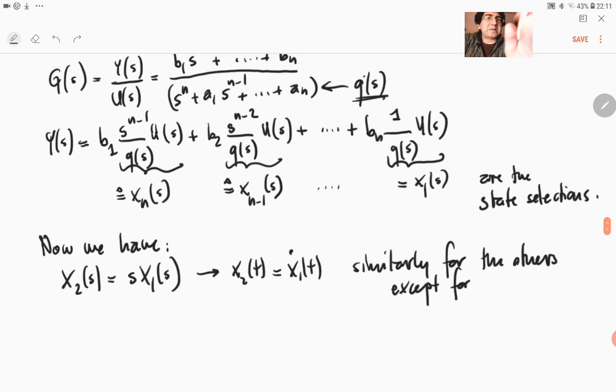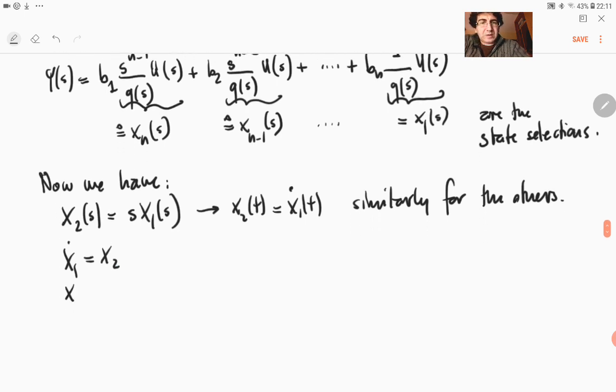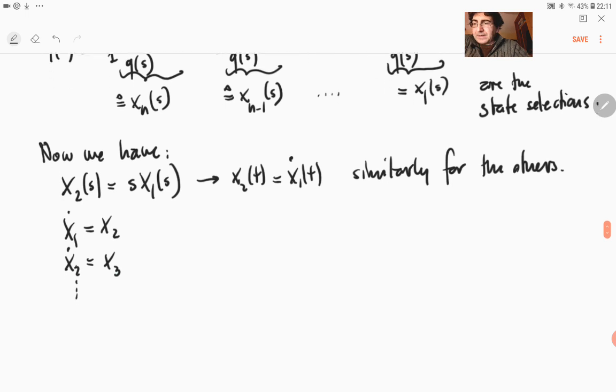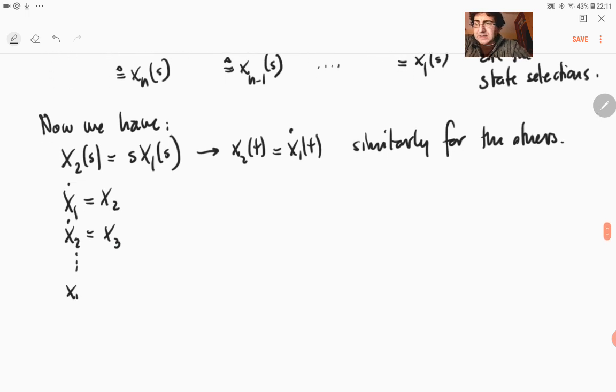So let me write them down here: x1 dot is equal to x2, x2 dot is equal to x3, up to x_(n-1) dot being equal to xn.